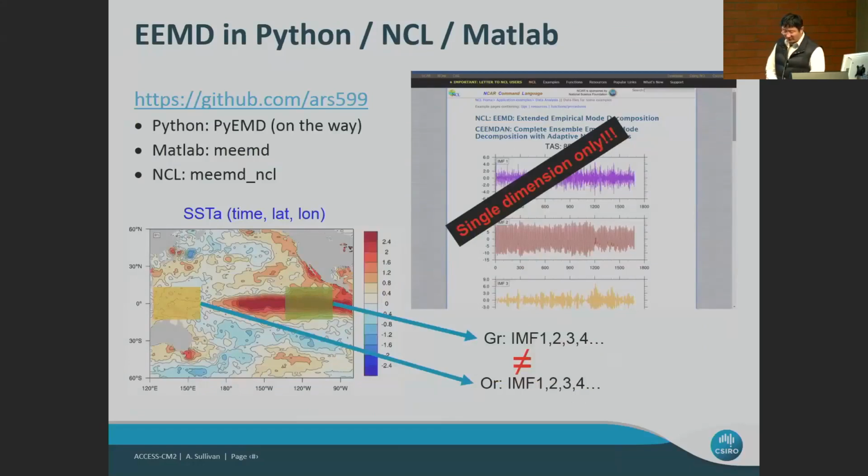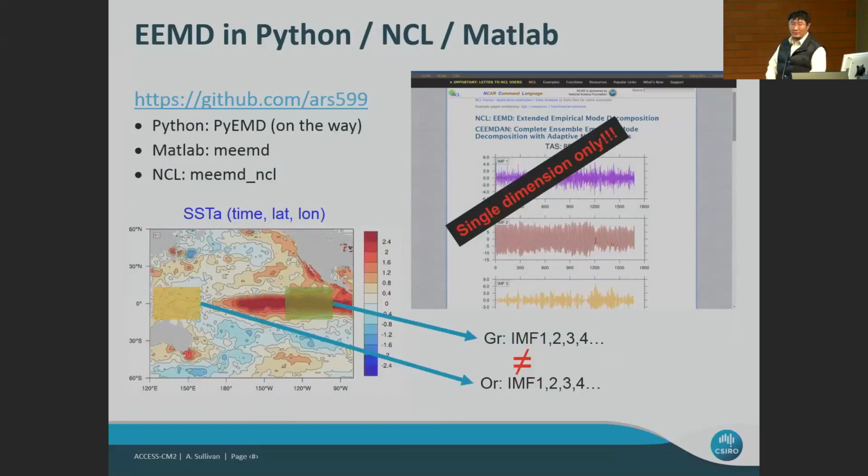And myself, I used that MATLAB script to convert into NCL, and this is free to download. You can use it. At this stage, the Python version I haven't finished yet. Only finished one dimension, 2 and 3 dimensions not yet.